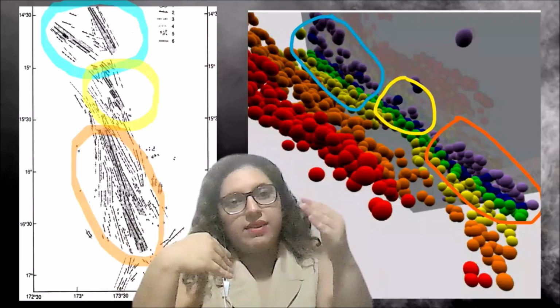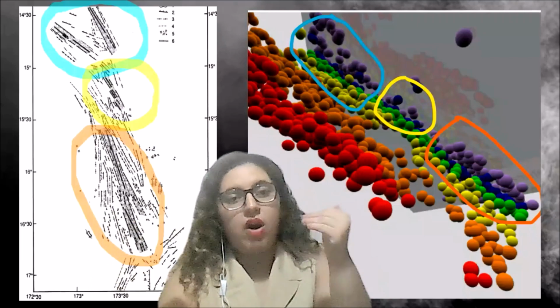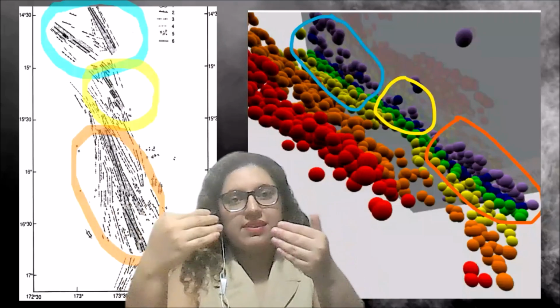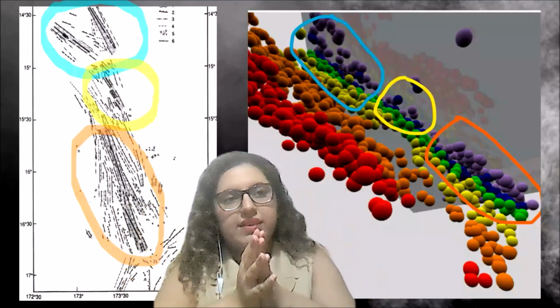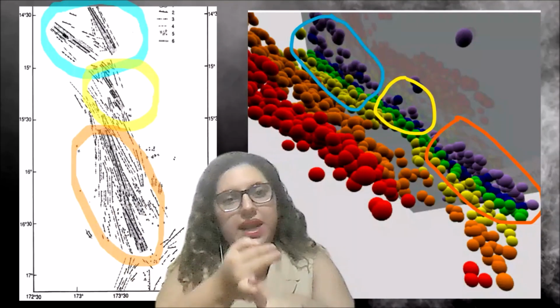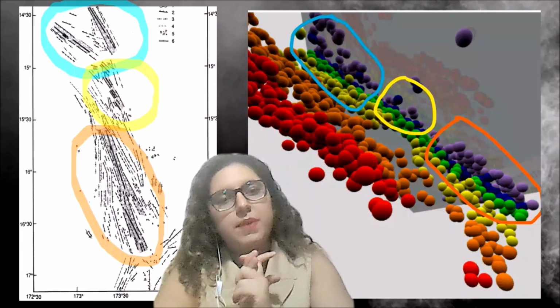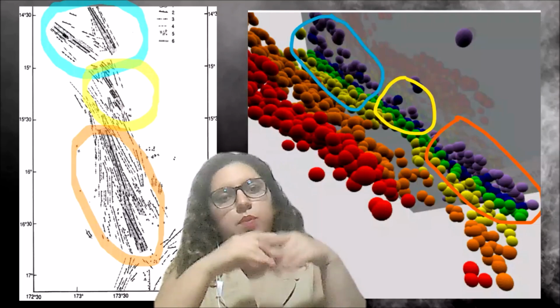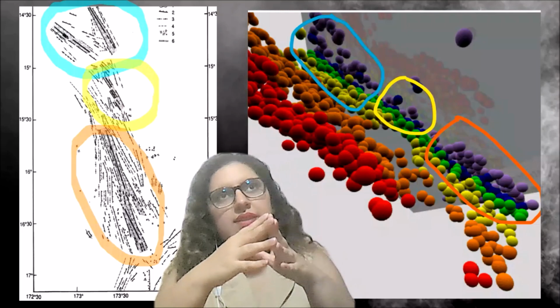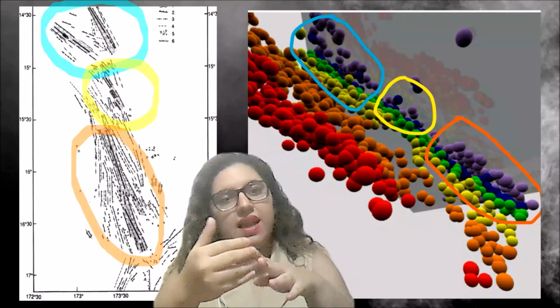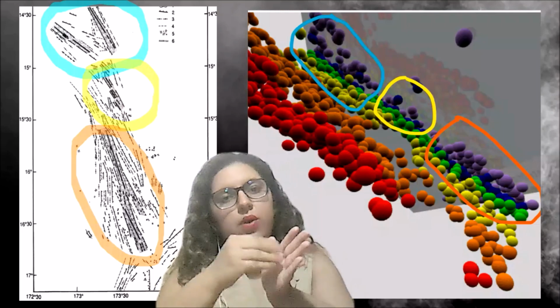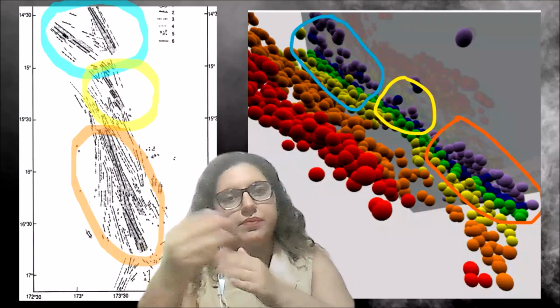And this separation, according to the plates, is dorsal, transform, and convergent, which is more predominant. And this behavior is according to the seismic.